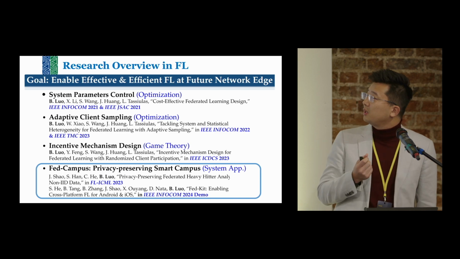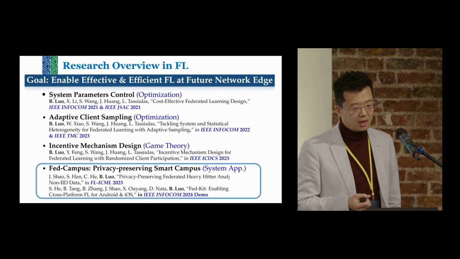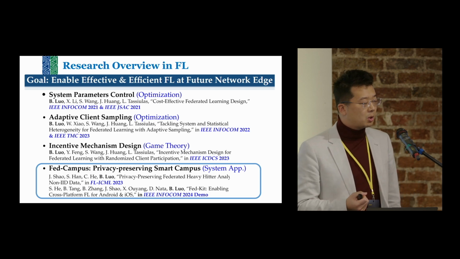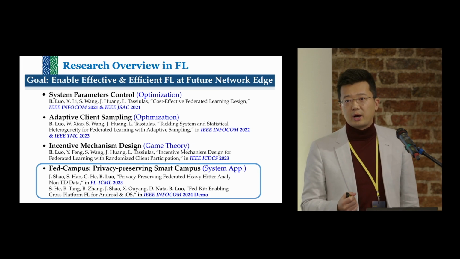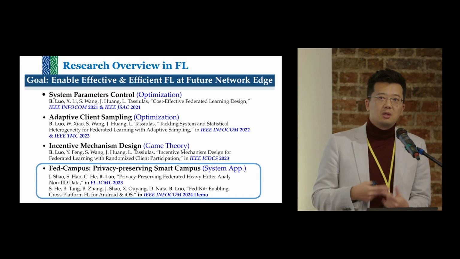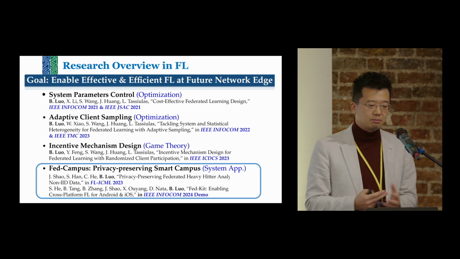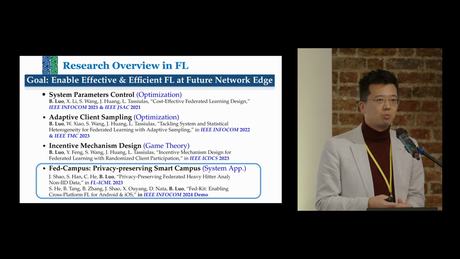So here, this slide summarizes some of my research overview in federated learning. Our goal is to enable effective and efficient federated learning at future network edge. When you deploy federated learning at future network edge, how to make sure the model works, which means effectiveness, and also if it works, can we do it in a more efficient way?